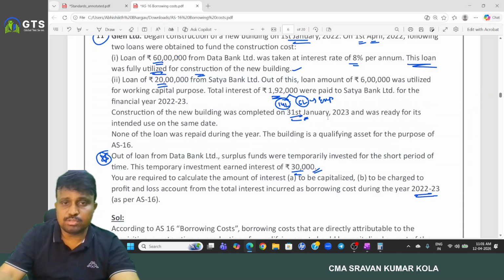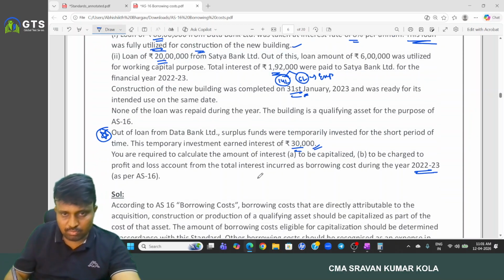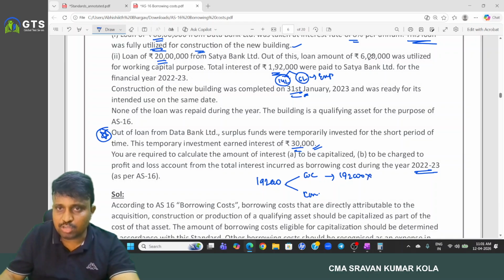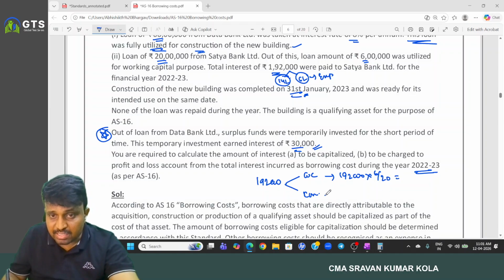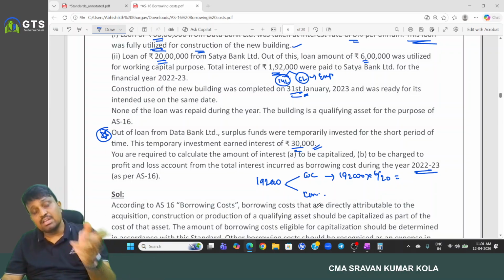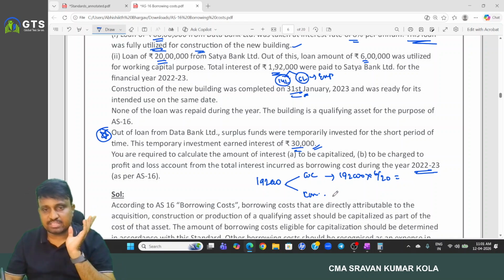Out of the 1,92,000, there is the working capital purpose, and construction of the asset. For working capital purpose, 1,92,000 into 6 by 20, that is 6 lakh out of 20 lakh. In case of construction, it is completed by 31st January, and the February, March related interest expense is expensed and transferred to P&L.